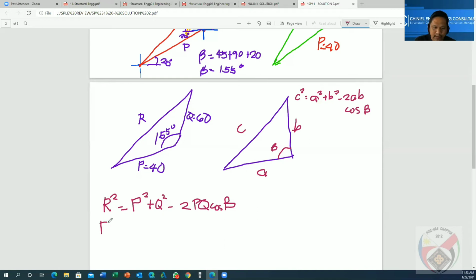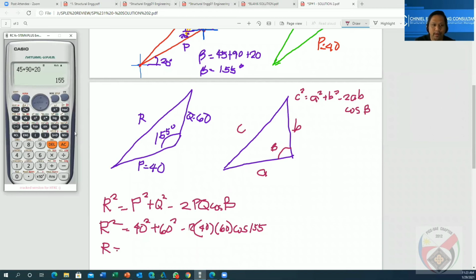So R squared equals P is 40 squared plus Q squared na 60 squared minus 2 times 40 times 60 cosine 155. So solving for R, just take the square root.